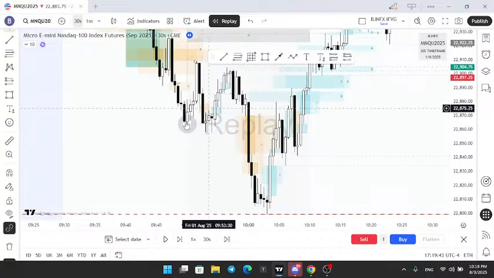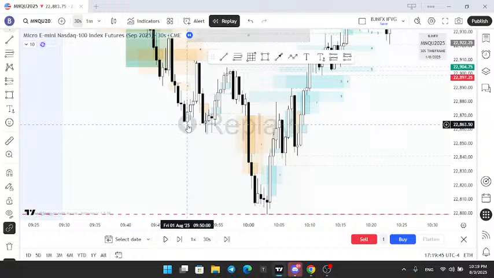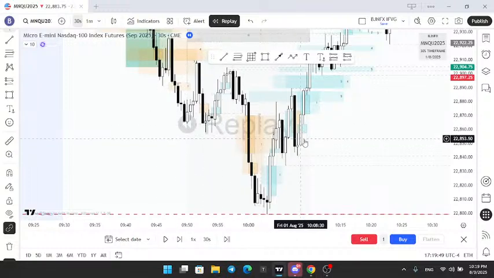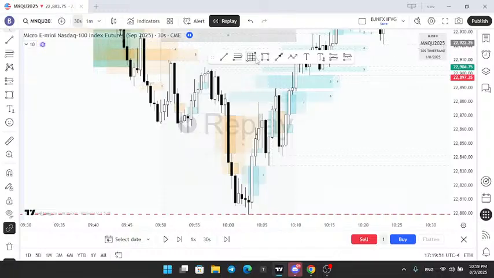This trade here wasn't valid because we only swept minor liquidity. No SMT, no delivery, no other influences.